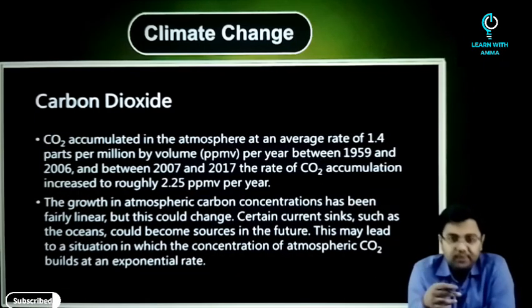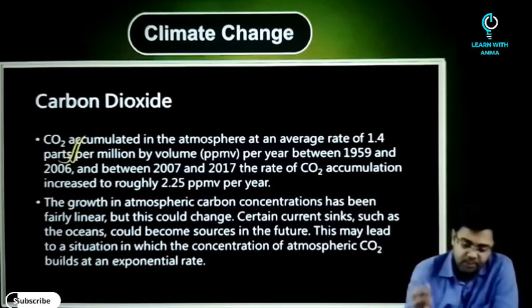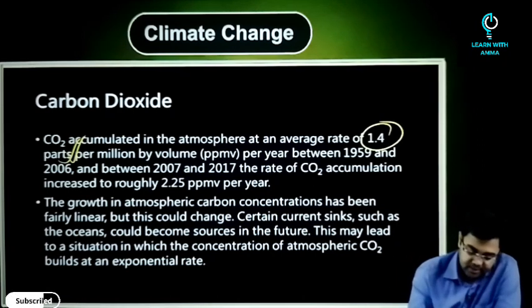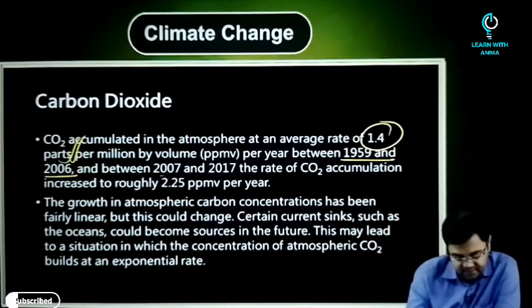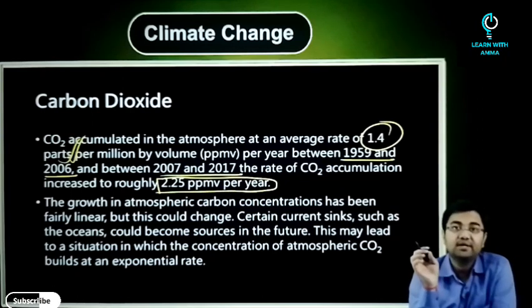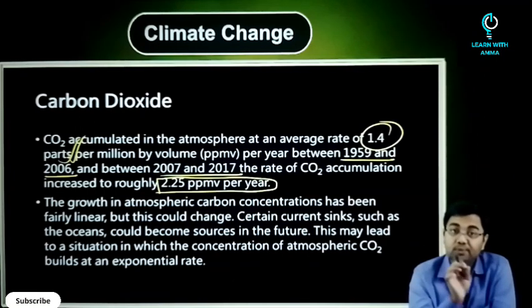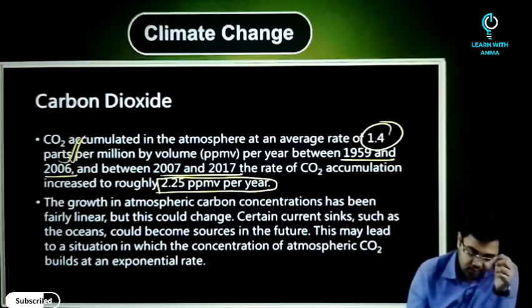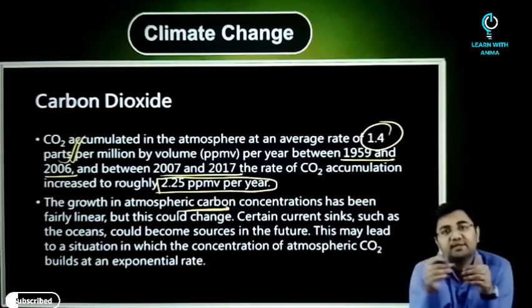Consequently, carbon dioxide accumulates in the atmosphere at an average rate of 1.4 parts per million by volume every year, as observed between 1959 and 2006, and between 2007 and 2017 the data says that the rate of carbon dioxide accumulation has increased to roughly 2.25 parts per million by volume every year. So if we take the whole set of data into account, the growth of atmospheric concentration has been very linear in nature.